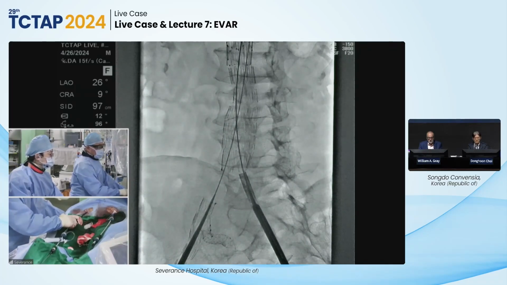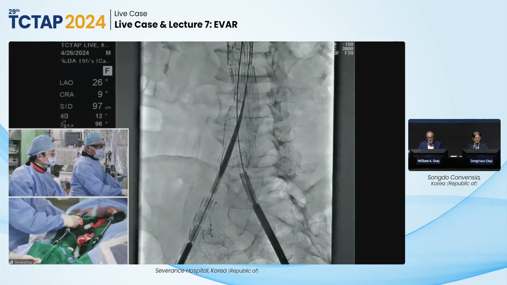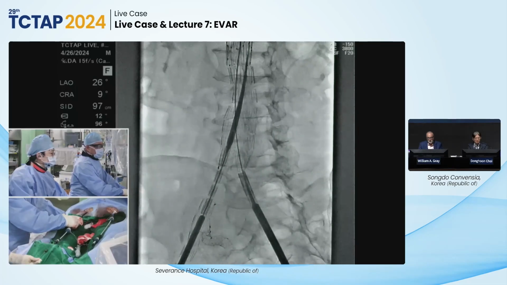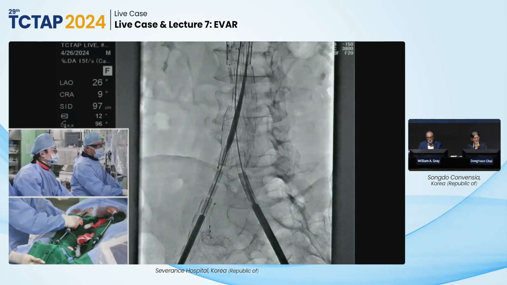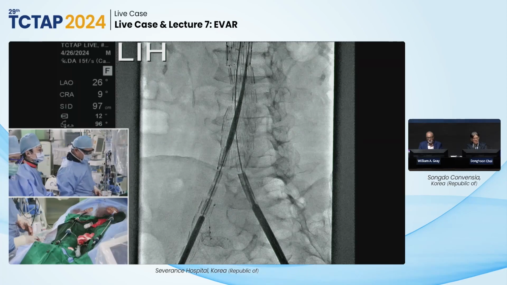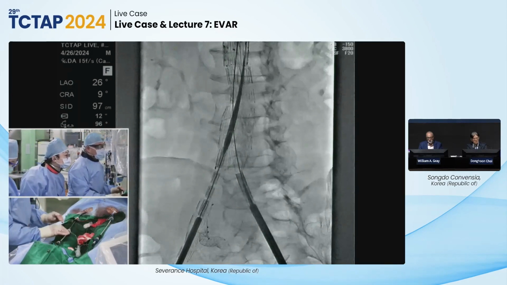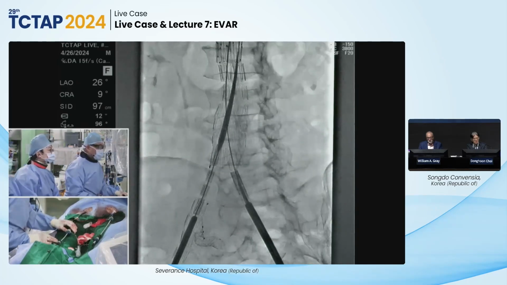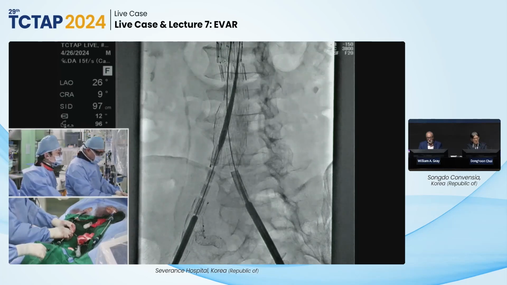And even though the side branch is occluded during the follow-up, usually patients do not have symptoms. They are already conditioned after the occlusion of the side branch. So we only find that on the CT scan. So I think this is okay.